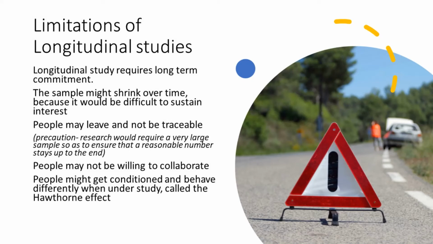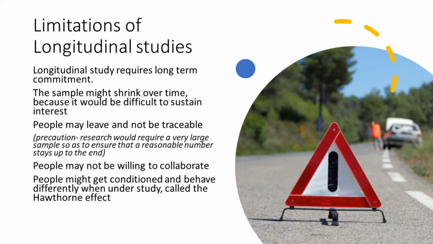Nevertheless, the sociologist embarking on such a study should take some precautions. For instance, the research requires a very large sample to ensure that a reasonable number stays up to the end. People may also not be willing to collaborate after some time. There's also a danger that people might get conditioned.